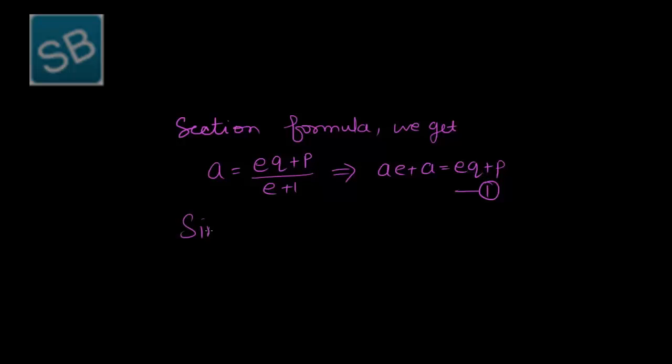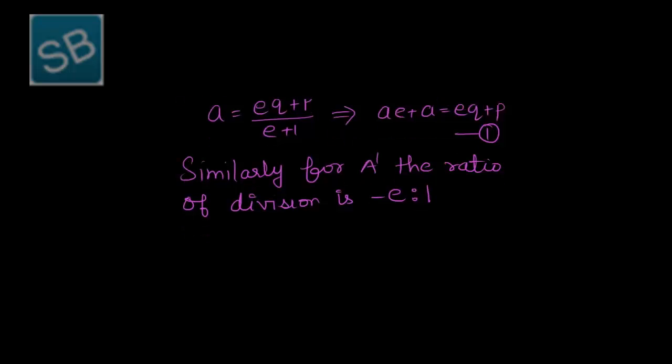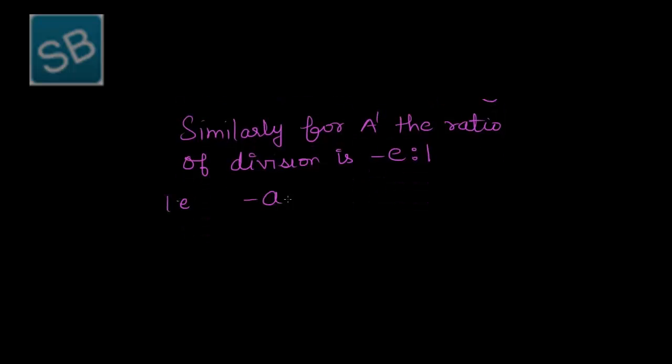And similarly, for A dash, the ratio of division is minus e is to 1. That is minus a is equal to, by using section formula, (eq plus p) over (minus e plus 1), that implies ae minus a is equal to eq plus p.